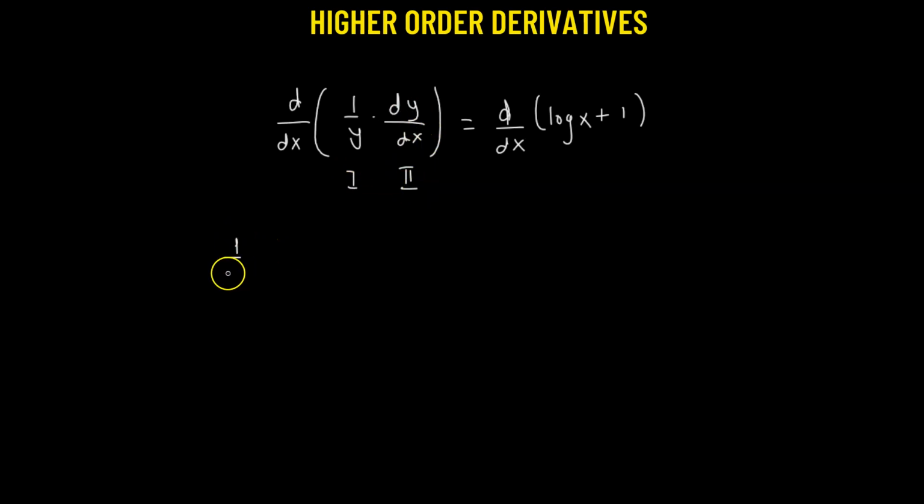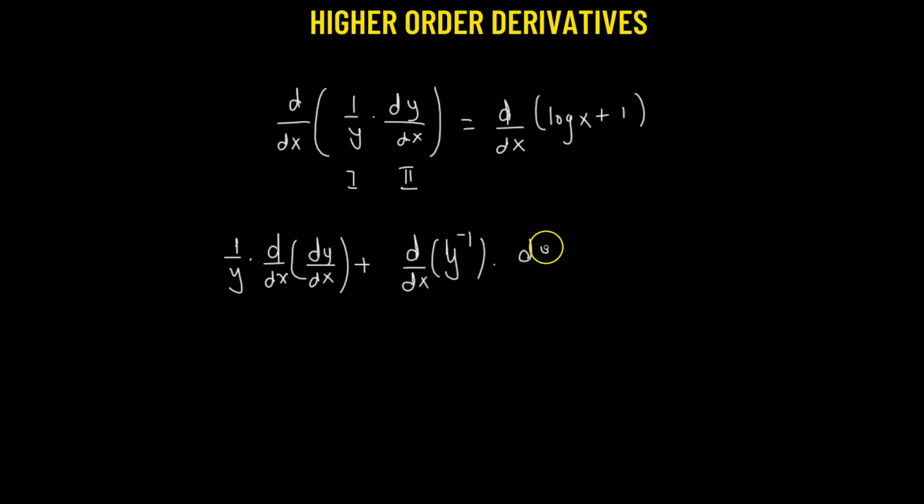So we'll take the first function 1 over y and multiply it by the derivative with respect to x of the second function, which is dy over dx, plus the derivative of the first function, which is 1 over y, or simply y raised to the power of negative 1, multiplied by the second function, dy over dx. On the right, the derivative of log of x gives us 1 over x, and the derivative of 1, being a constant, is simply 0.